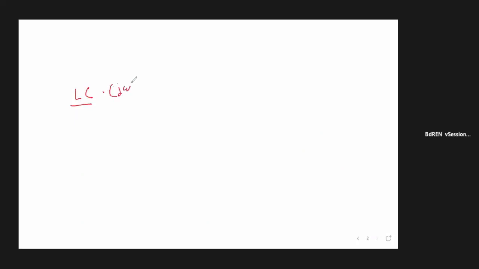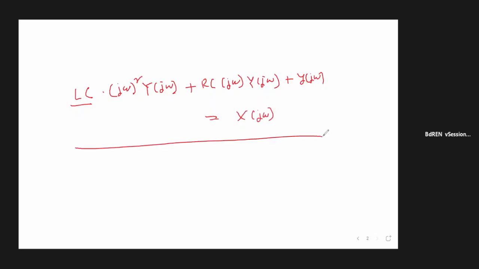You replace the thing by (j omega) square. Fourier transform of your output is equal to Y(j omega). This is your first term of Fourier transform. Second term would be equal to RC j omega into Y(j omega) plus Fourier transform of y is equal to Y(j omega). That will be equal to Fourier transform of x, X(j omega). Is it not the Fourier transform equation of this time domain equation?